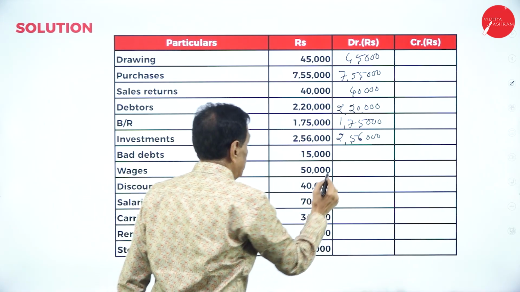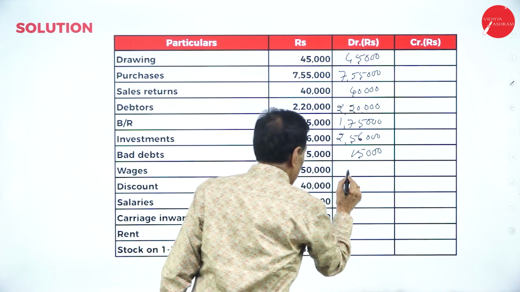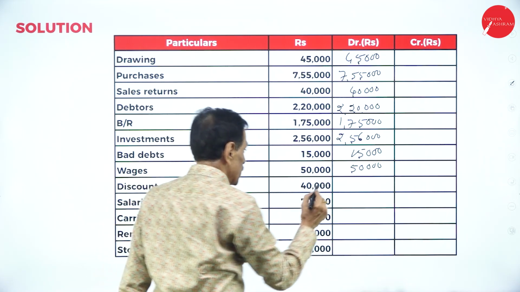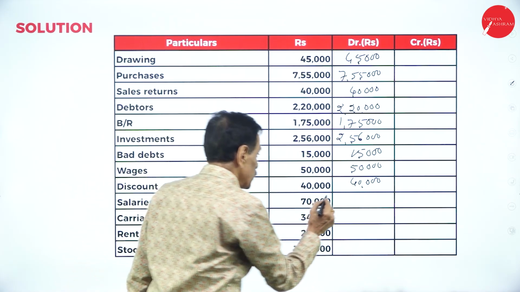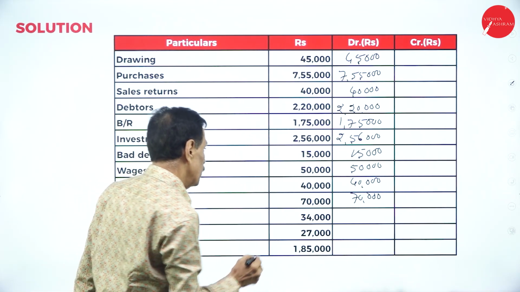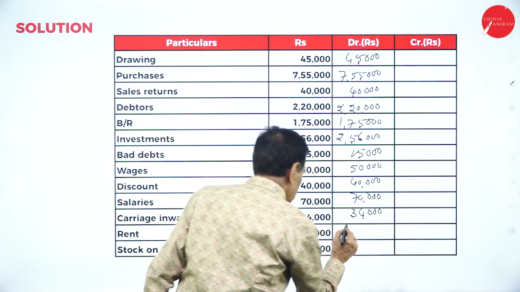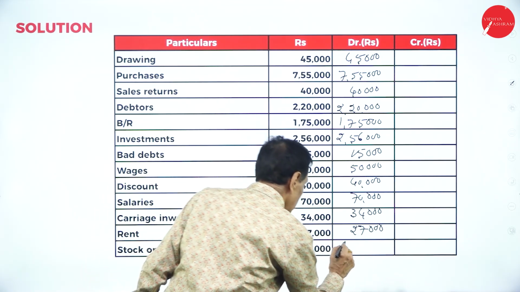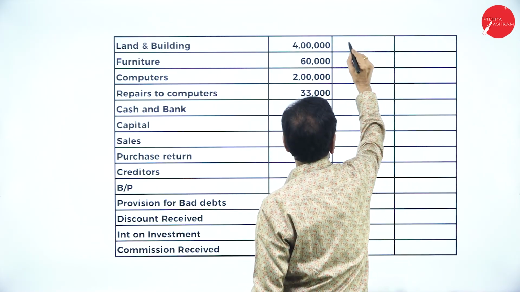Bad debt, debit side. Wages, debit side. Discount allowed, debit side. Salary paid, debit side. Carriage inward, debit side. Then rent paid, debit side. Stock, debit side. Building, debit side.